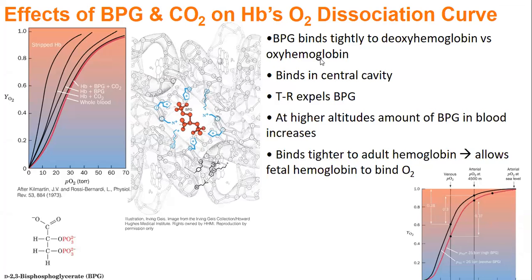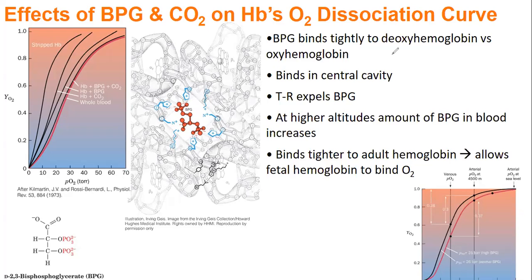All right, so on Friday, we ended talking about BPG, how BPG can bind to hemoglobin, and BPG forces hemoglobin to adopt the T state, the tense state. Just remember, the T state does not want to bind oxygen. The R state does want to bind oxygen.